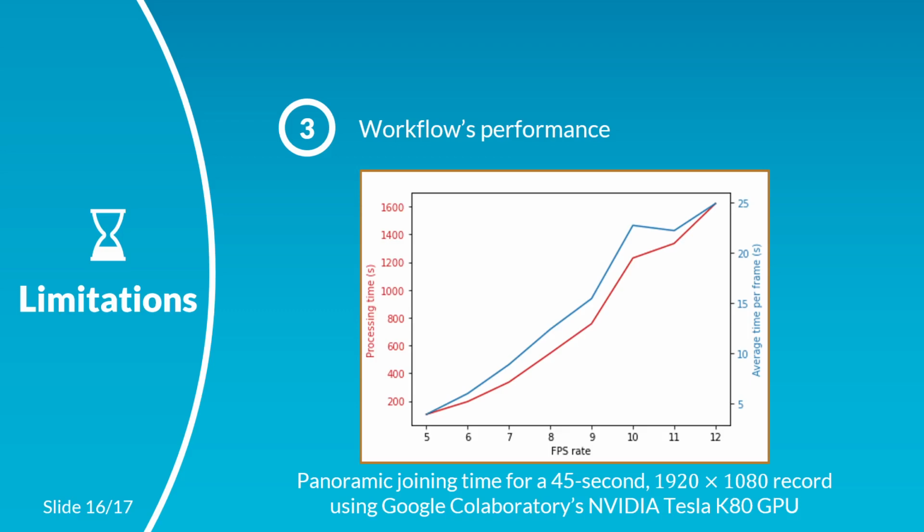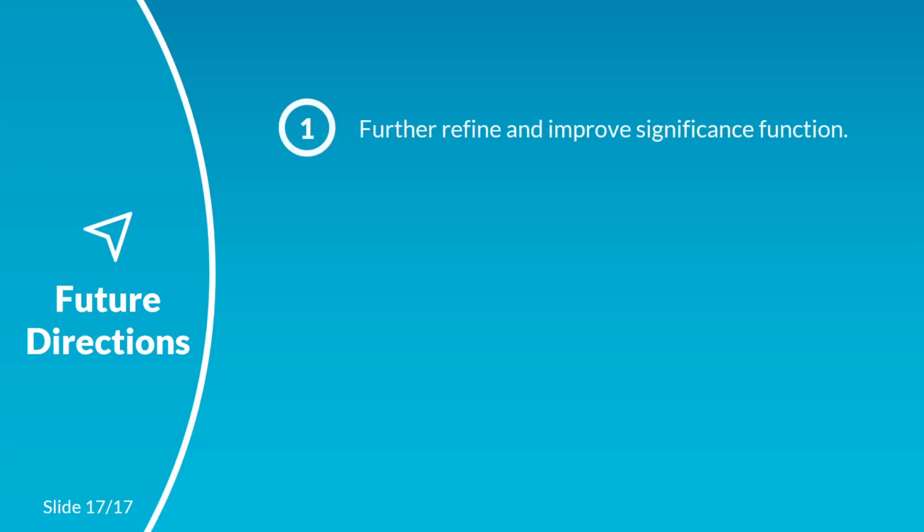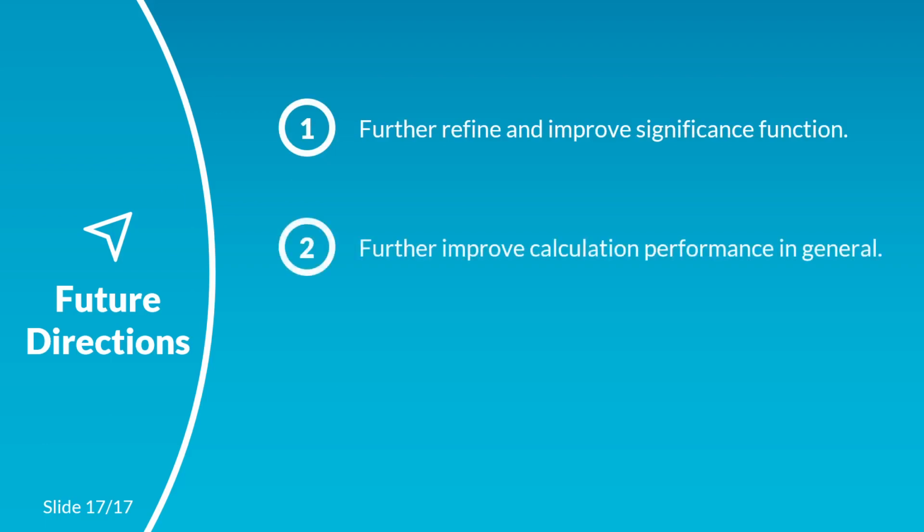And now I'll talk about possible enhancements in the future. For the significance function, a possible approach is to enhance the function through further test runs to find optimal weighting ratio sets. The possibility of using other functions may also be considered. Stronger image processing techniques within and outside OpenCV's libraries will be explored to achieve higher performance overall.